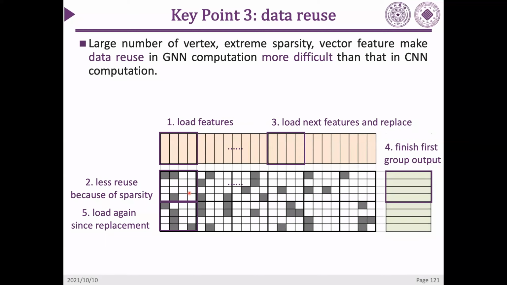Due to the large number of vertices and vector features, the amount of input data is large, but the on-chip memory size is very limited. So the subsequent read features will replace the original ones. After finishing the calculation of the first group of output vertices, we need to read the input features from the beginning again. This leads to the low data reuse of graph neural networks.